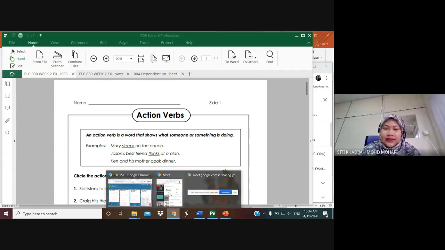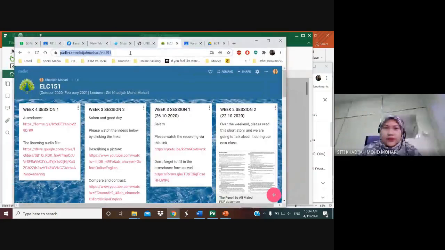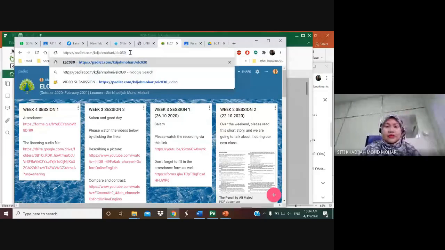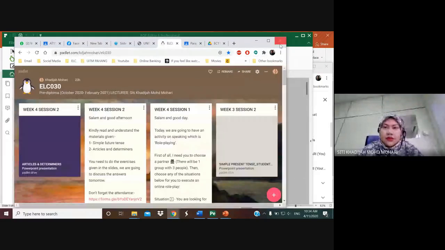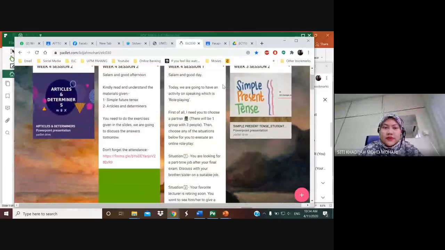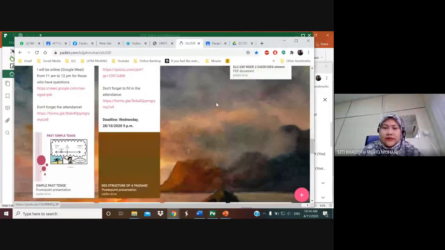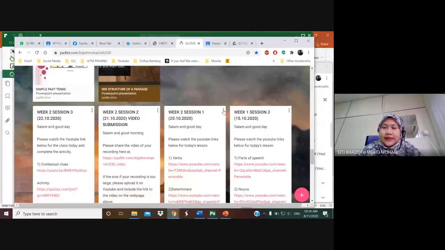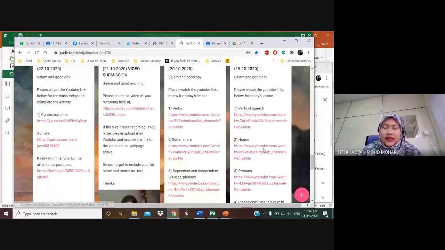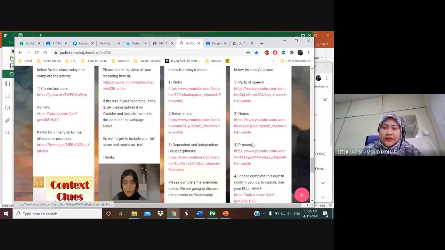Let's see our Padlet. So we have covered parts of speech, nouns, pronouns. Basically you have learned all these in high school, even in your primary schools.